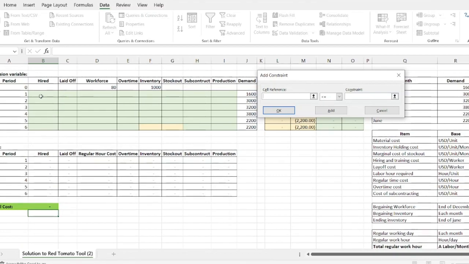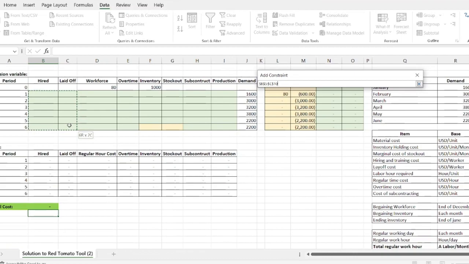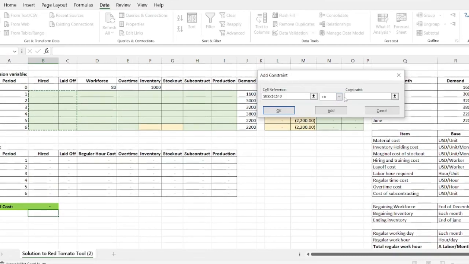But the hiring and laid off cannot be in decimal, so I have to declare that these are integer. If it is integer, then workforce will also be integer, because it cannot hire half of one person. So hiring and laid off are integer. I have to declare that.